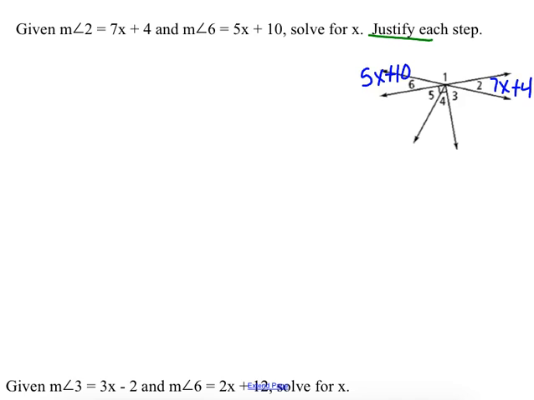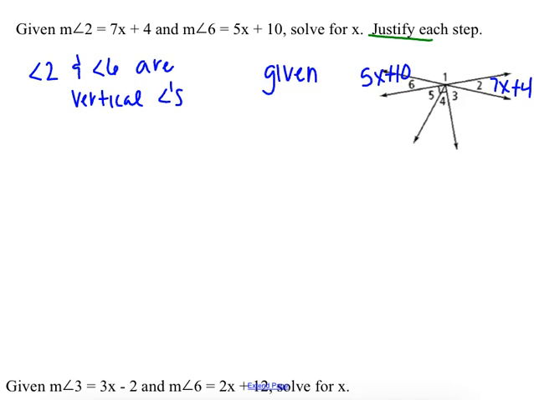We know that those are vertical angles. So why don't we start there? So we're going to say that angle 2 and angle 6 are vertical angles. And that's given to us just by the diagram.